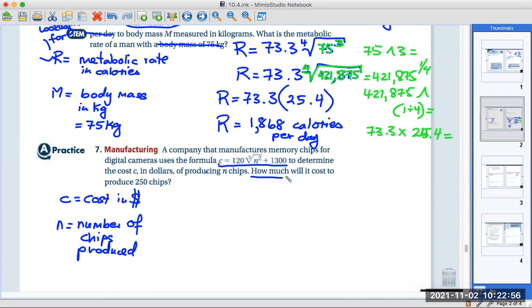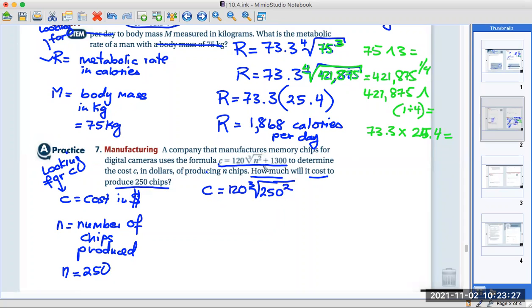And the question is, how much will it cost to produce 250 chips? So we know N is 250, and we're looking for C, the cost. So we plug in all the numbers. We start by recopying the third root of 250 to the power of 2.